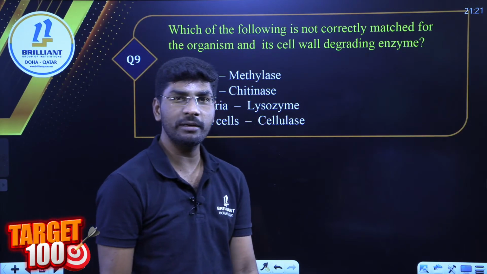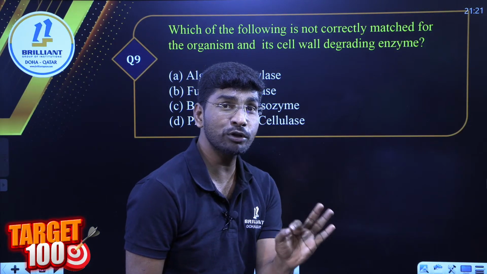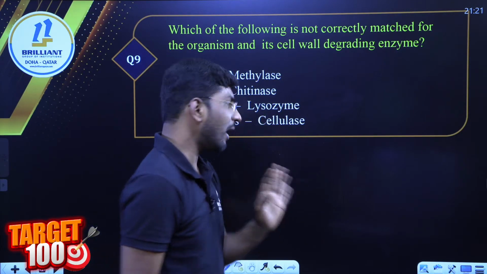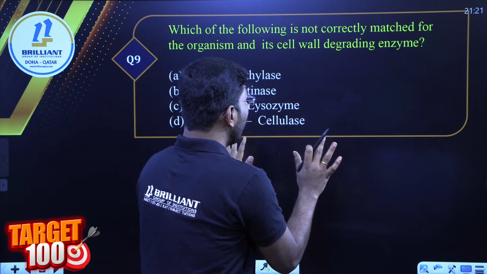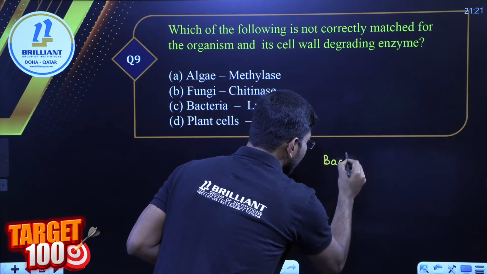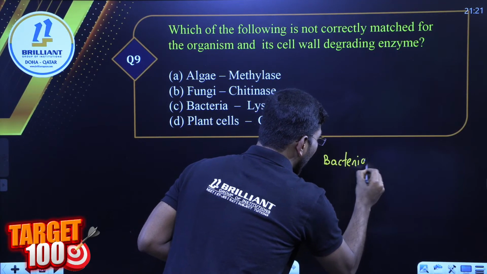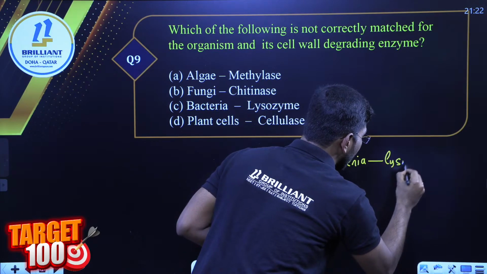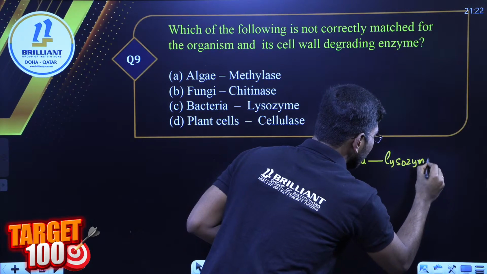Next question, question number 9. Very simple question, and I will cover two more questions, but you can also learn two more from here. There are 4 different types of target cells. For example, if it is a bacterial cell, I can use the enzyme called what? Tell me. Lysozyme enzyme.